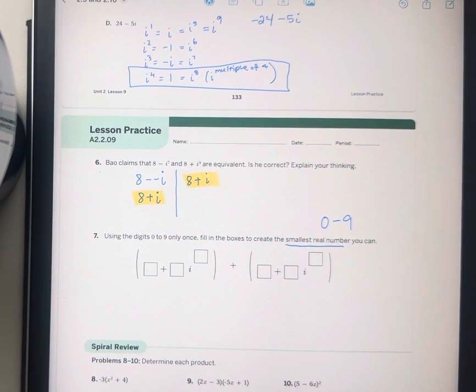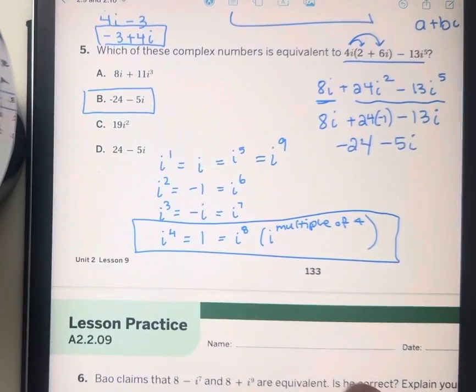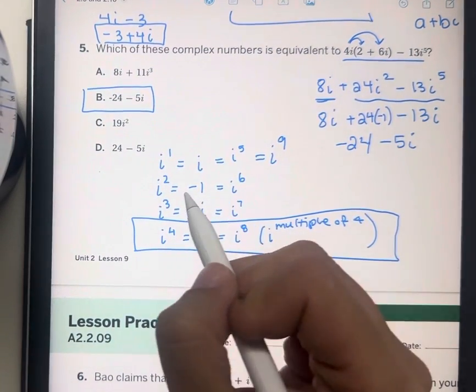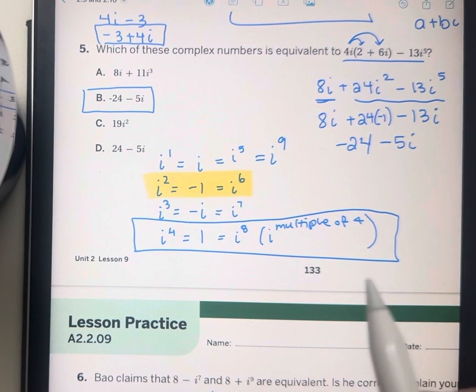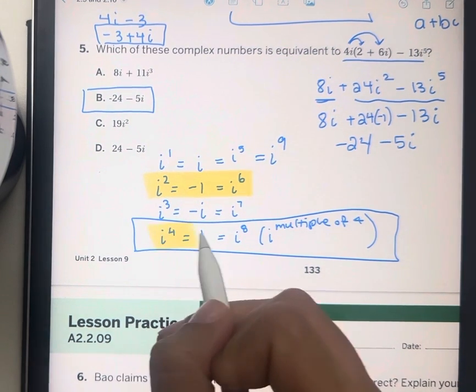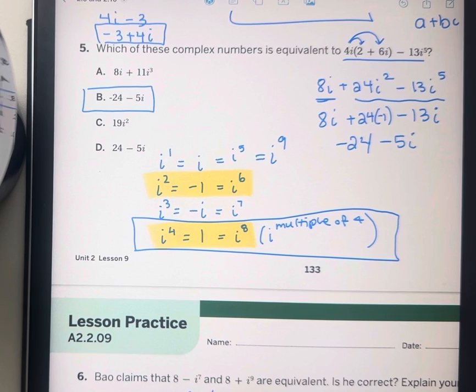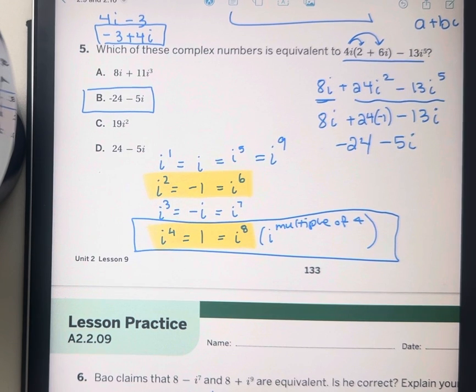So the fact that they want the number to be real means that it can't have i in the answer. And looking at this up here, my even powers of i are real numbers.